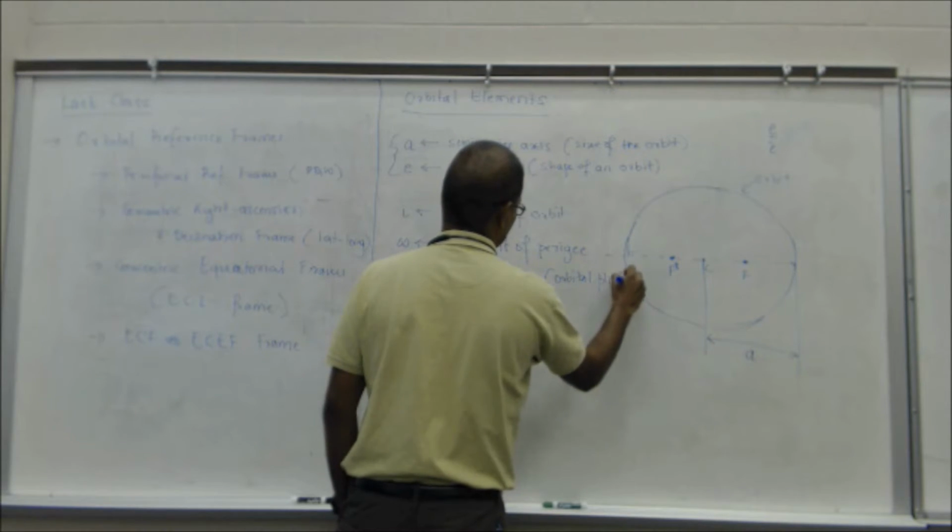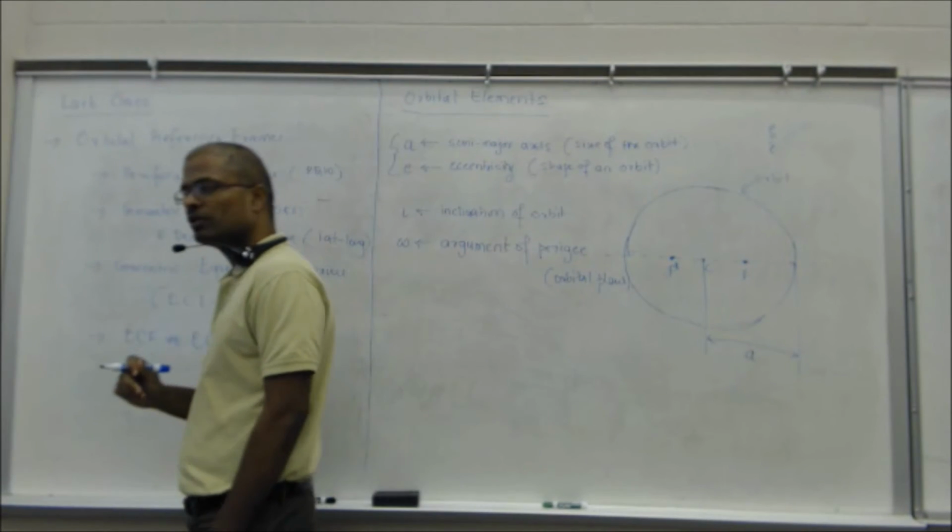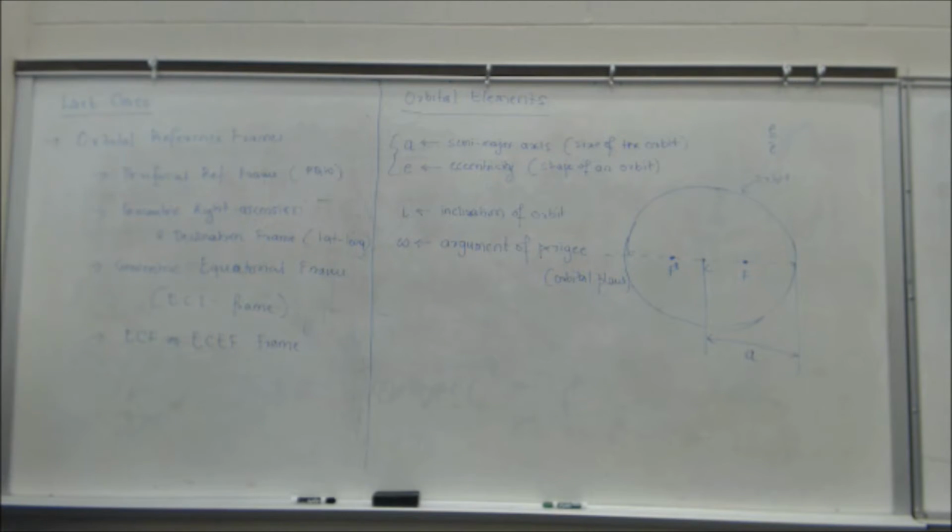Okay. And it's the angle from the ascending node. See this node where the orbit intersects the equatorial plane?